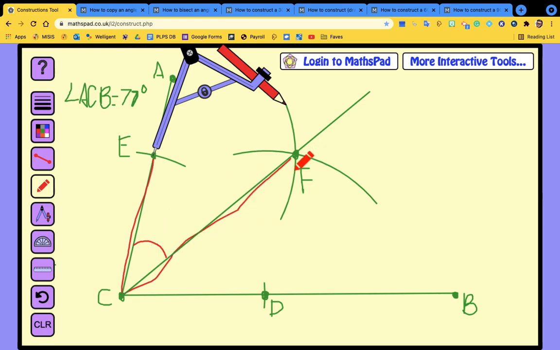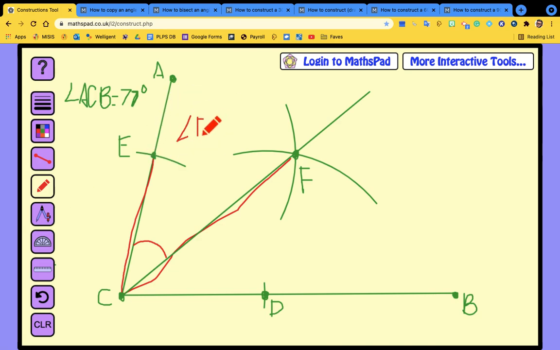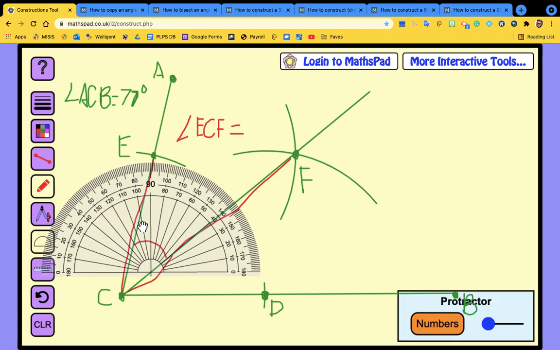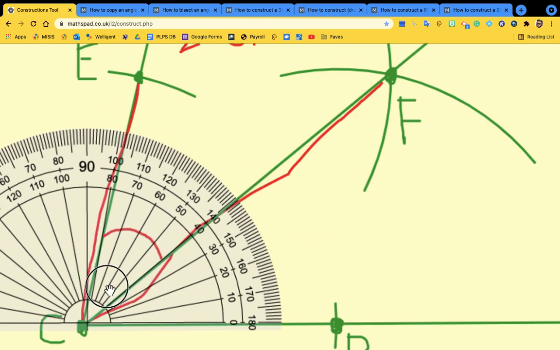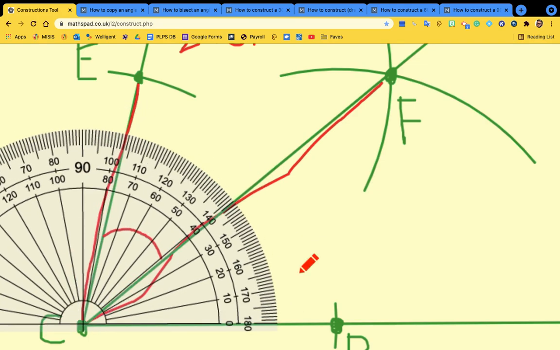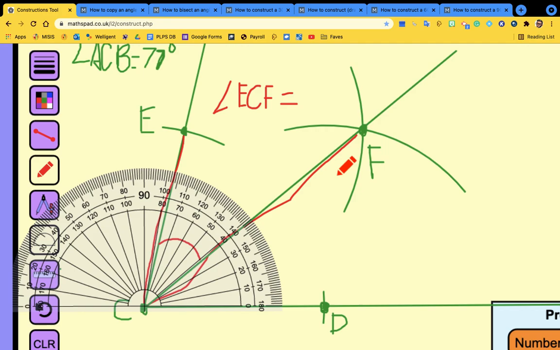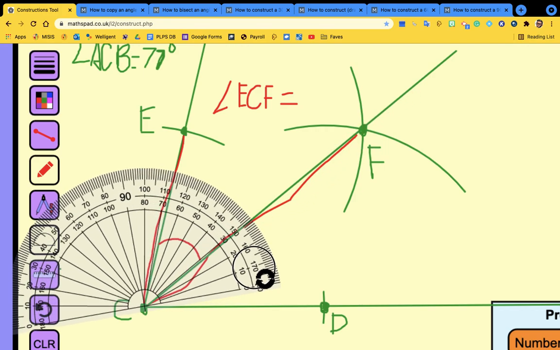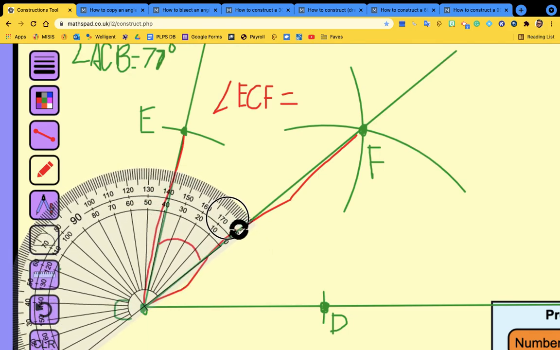Forgive me for not writing straight lines here. ECF. Right? So we're going to say, let me take this away. Angle ECF is equal to, well, how much is that? Well, let's see. Let's use our protractor. So I'm going to put, again, I'm going to put this in the middle right here, just like that. But this is a problem, though. Look, I need the bottom of the protractor to be along this. So it's cool. Just going to move it and go like that.